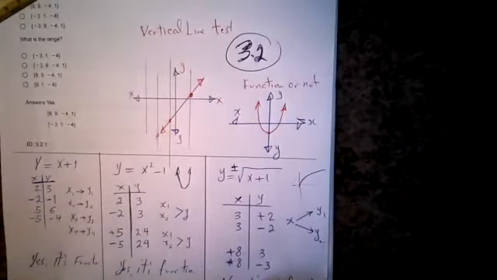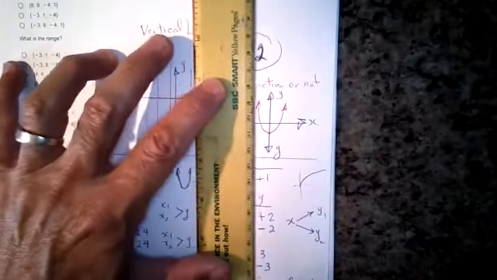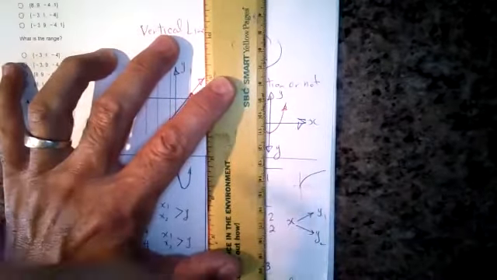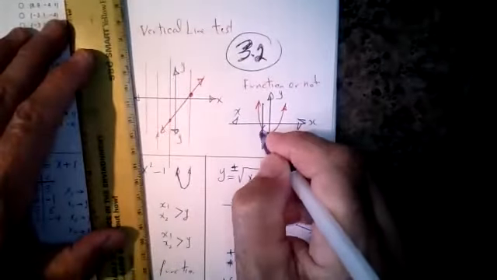Now, when you take a vertical line and you move this from left to the right, that line intersects at only one point.